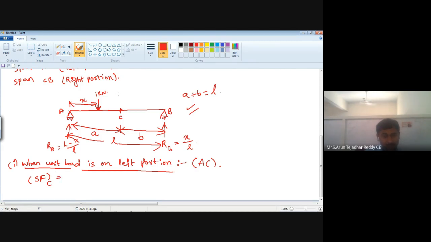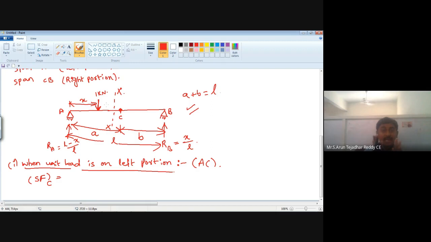So shear force at C, consider a section XX just left of point C. Here is my section XX.